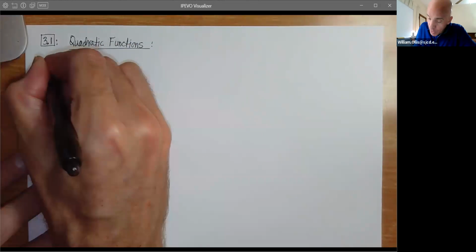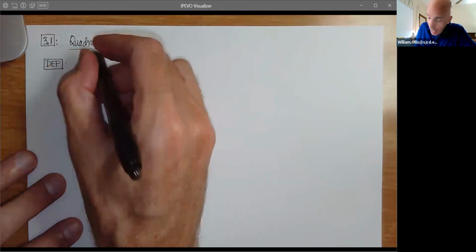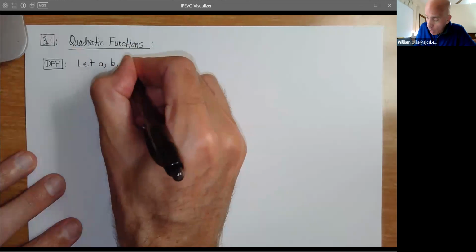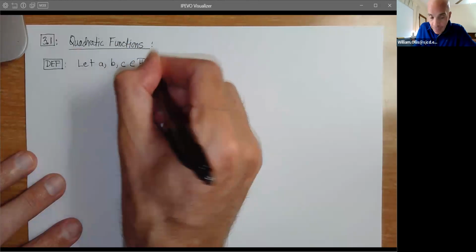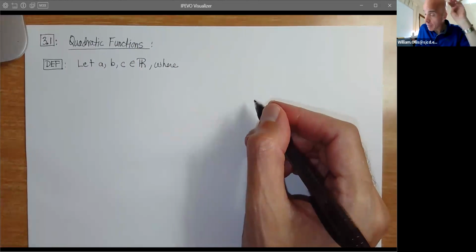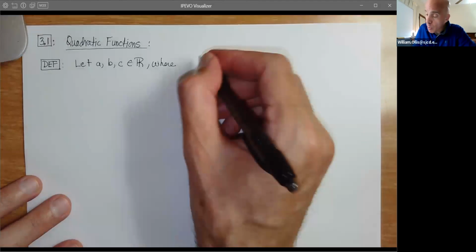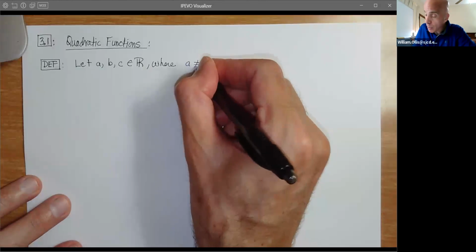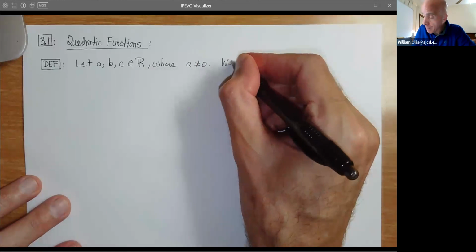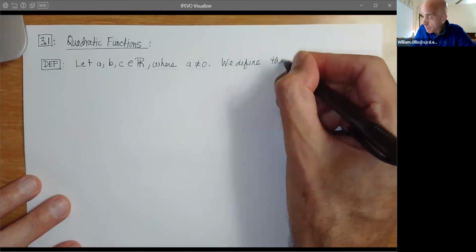So when we write a definition of this, we have the same as before: A, B, and C are real numbers. And just like with the quadratic equation, we don't have a quadratic equation if we don't have a squared term. So we must insist that A is non-zero. Okay, then we define the quadratic function.